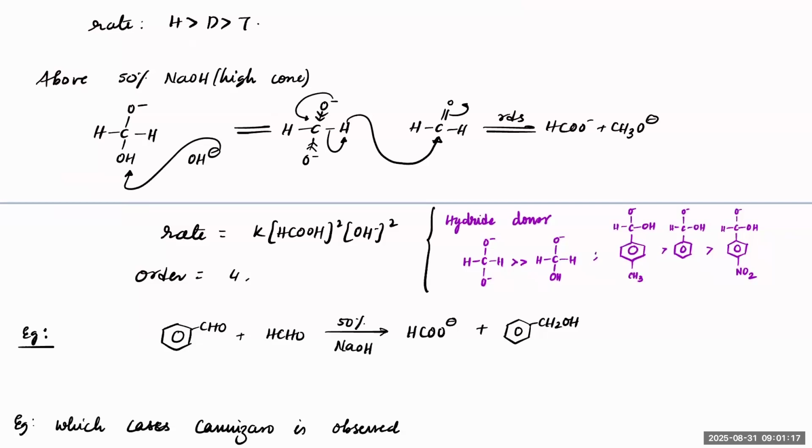Now you notice, if this is the better hydride donor, then obviously H from here will attack and convert that into an acidic group and alkoxide group. Now what will be the rate? Because you have used 2 moles of OH minus, now it will be OH minus twice, and the order of the reaction will be 4.